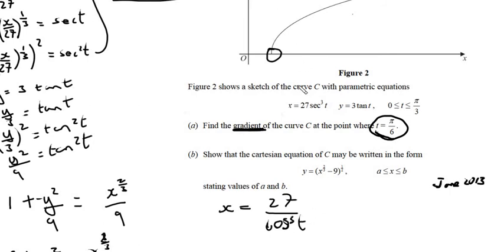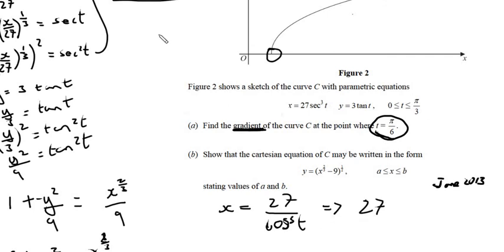So when t equals 0, cos equals 1. So the lowest value for x is going to be 27, if we plug 1 into this formula. And t ranges between 0 and pi over 3.